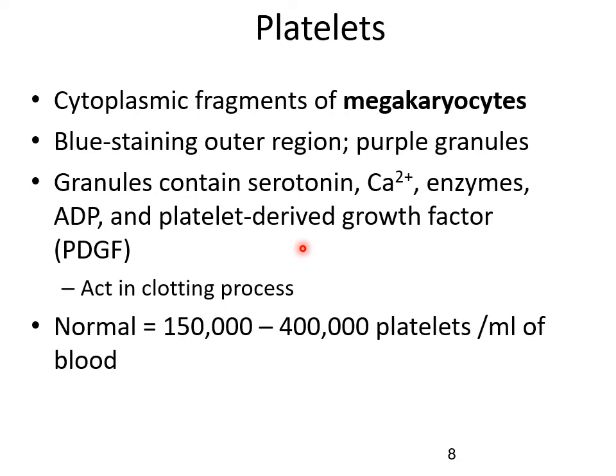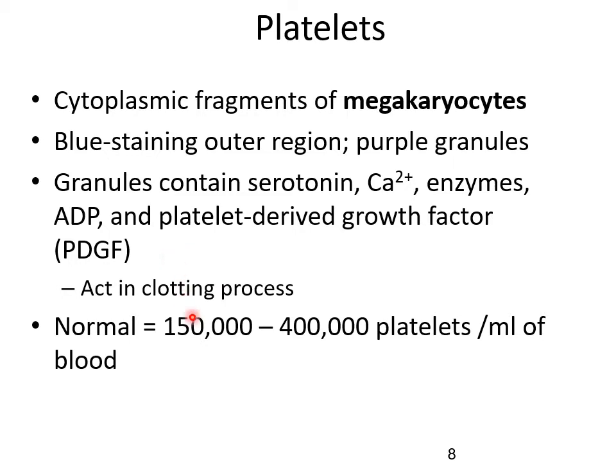So a lot of these factors are platelet aggregating factors, things that cause vascular spasms, and also this thing right here, this PDGF, is kind of like the Miracle-Gro, because it helps to cause the repair process to happen and the walls of the broken blood vessel to come together and repair the break in that vessel.